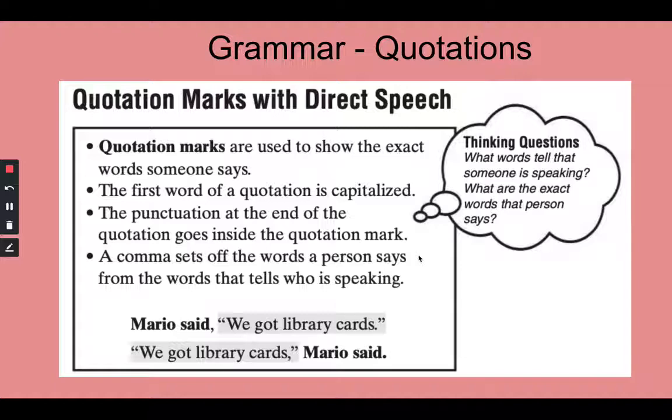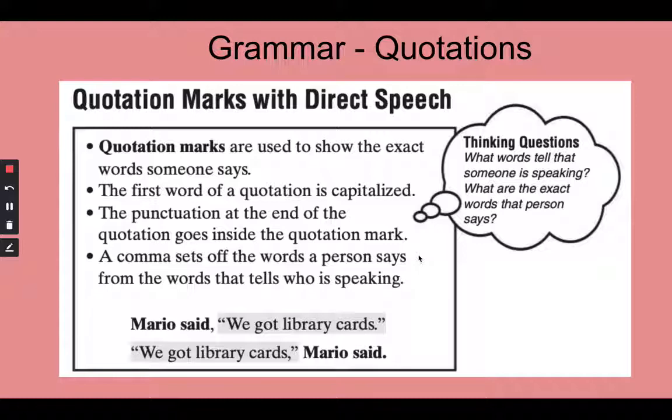The quotation, or the exact words a person says, always starts with a capital letter inside the first quotation mark. We see that in the sentence with the capital W in the word we. The quotation ends with a period and then the closing quotation marks. This sentence is an example of when the quotation marks come at the end of a sentence.